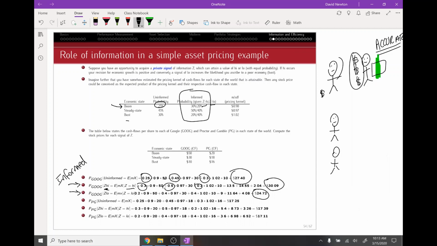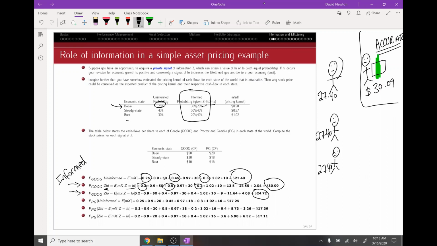I will abstract from that for the moment because it's not a necessary feature for what we're after. Given a high signal, this individual thinks it's worth $30.09, but they're going to keep this evaluation private. All of these other individuals will be our uninformed traders, and they will all initially think it's worth $27.40 based on their personal information.